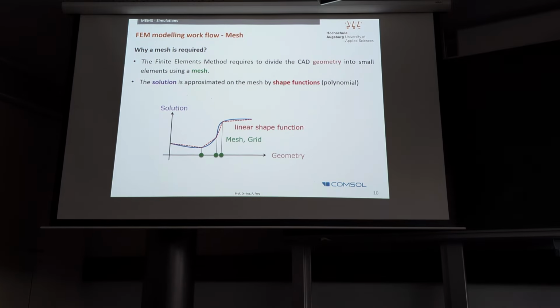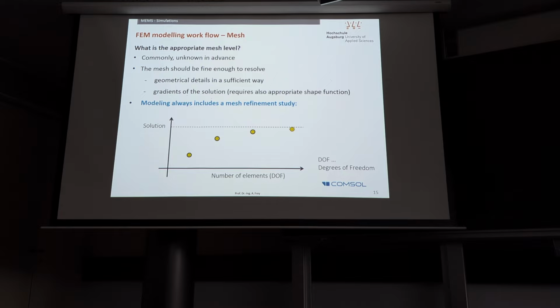But later on, if you do the custom mesh, it's your decision as an engineer how you do the mesh, what is an appropriate mesh level. And the point is, in general, it's not known in advance. You have to work toward it iteratively. But there are some things which can guide you to find out if you reached the appropriate mesh level, even if you don't know at the beginning.